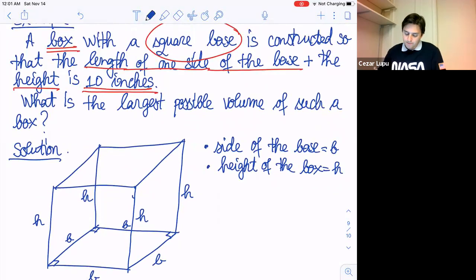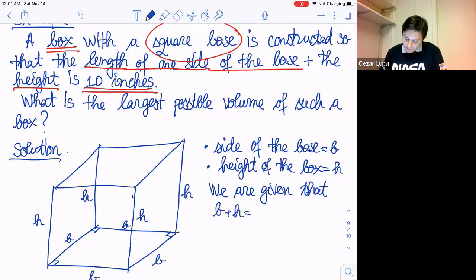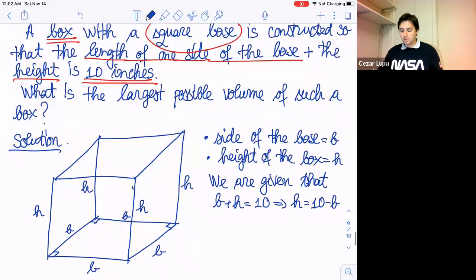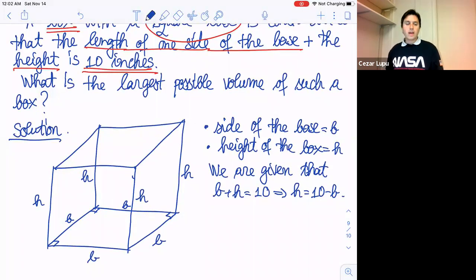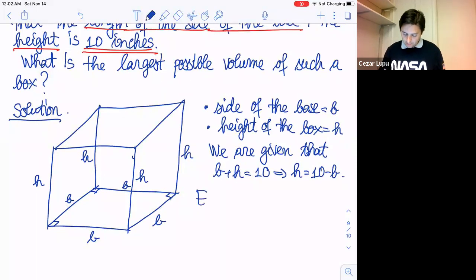We are given that B plus H is 10, right? So from here, this implies that H is nothing else than 10 minus B. All right, let's keep this in mind. And now the endpoints, of course, are, so B is between 0 and 10.